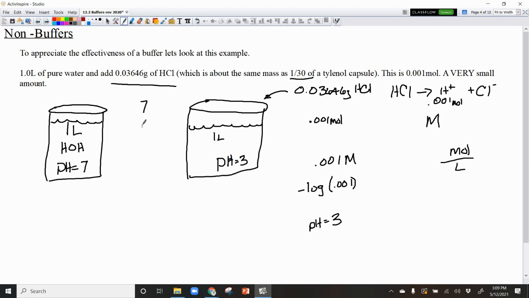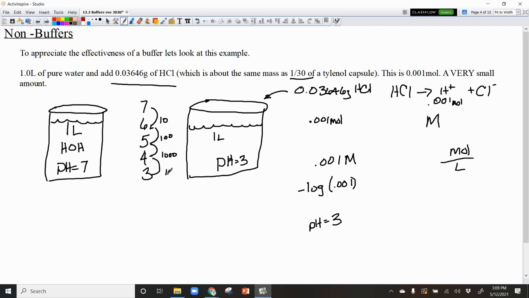Each drop in pH represents a 10-fold drop. So 7, 6, 5, 4, 3. If I start at 7 and I go down to 6, that's a 10-fold. Go down to 5, that's a 100-fold. Go down to 4, that's a 1,000-fold.